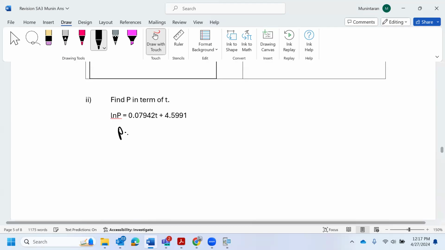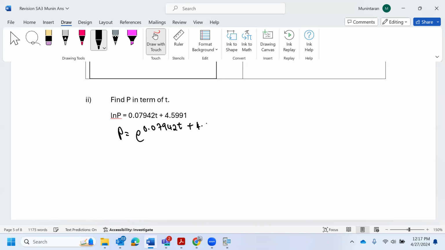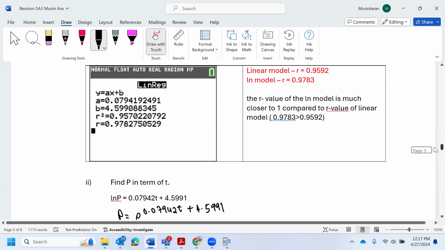So your p should be equivalent to e power to 0.07942 t plus 4.5991. So plus means multiply: e power to the 0.07942 t, multiply e power to 4.5991. Okay, and then you use your Casio.